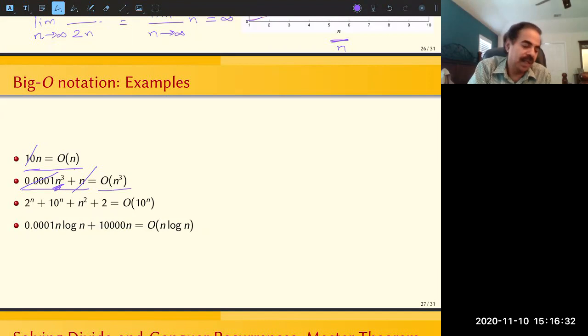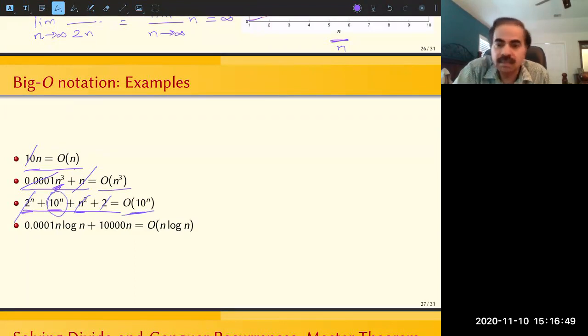In the same way, 10 to the power n grows much faster than 2 to the power n, which grows much faster than n square. So all these other terms will not dominate; the growth will be dominated by 10 to the power n, and so it is order of 10 to the power n.